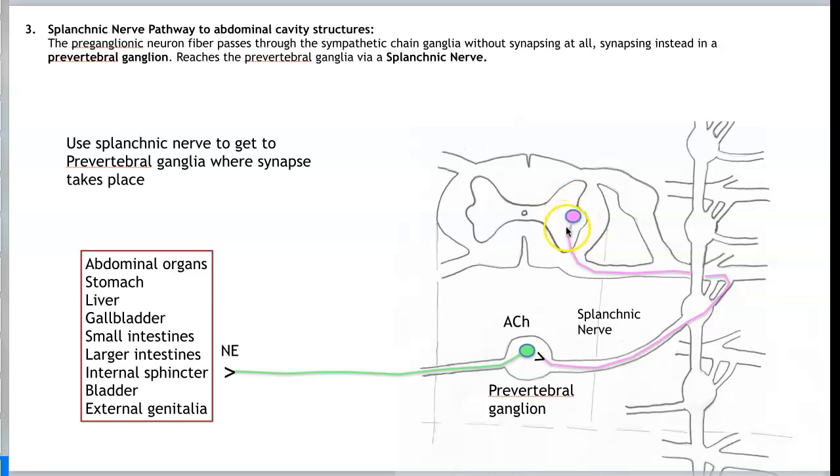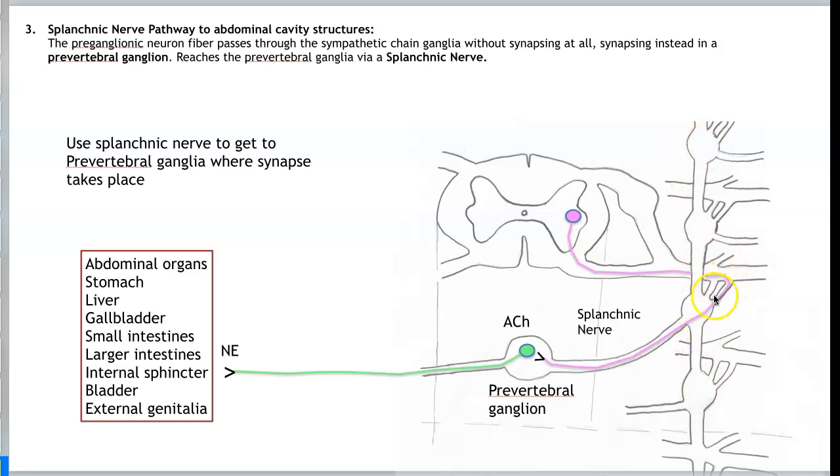Our preganglionic axon is going to leave through the ventral root. It's going to go to the spinal nerve. It's going to leave the spinal nerve through the white ramus communicans. It's going to enter the sympathetic chain ganglia, but it is not synapsing in the sympathetic chain ganglia. It's not synapsing anywhere in here.